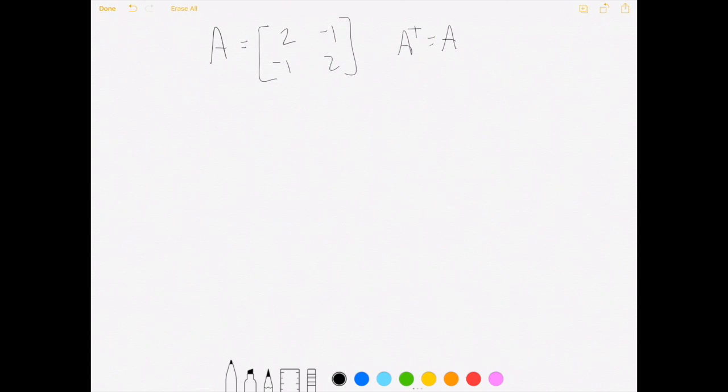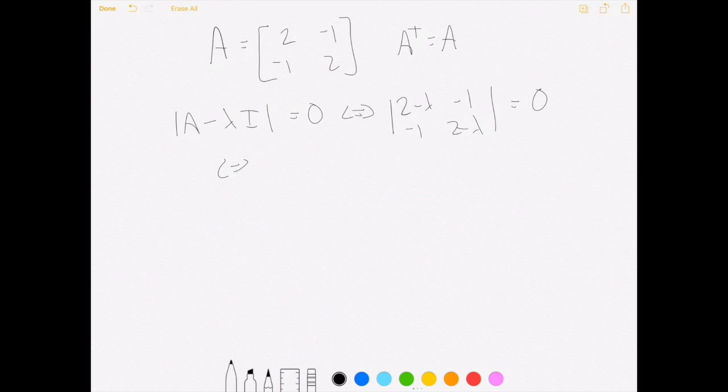Okay, so the eigenvalues of this are found as the solution to the determinant of A minus lambda I equals 0. So that's equivalent to solving this characteristic polynomial. What's that going to look like? We'll get the determinant of [2 minus lambda, -1; -1, 2 minus lambda] equals 0.